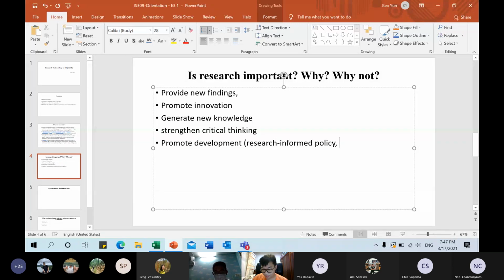Okay, come from the research. Otherwise, if we just create the policy without research, the policy tends to be cannot be implemented. I think in some countries, especially developing countries, they have a lot of policy. They have every policy, but many policy cannot be implemented because they lack the research.